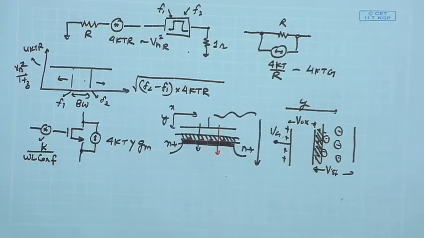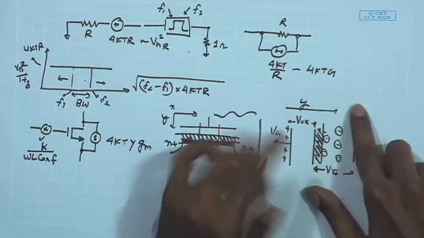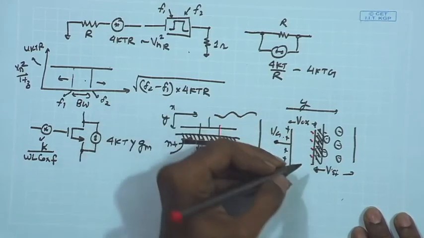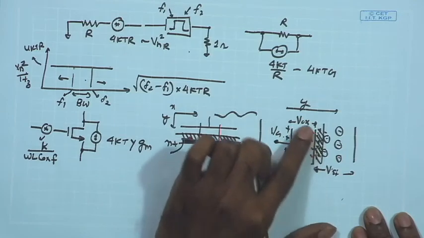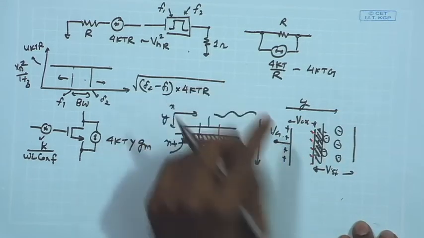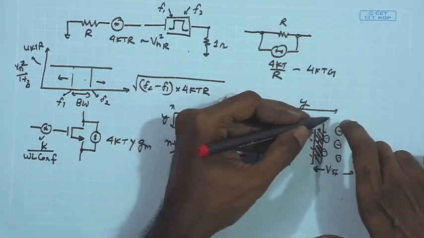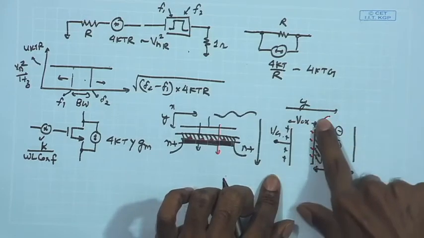Now, if along with this signal you also have some additional or spurious charges, which are random in nature, coming at the interface of the oxide and the silicon, which are not under your control, you will have an effective imbalance or change in the channel charge.